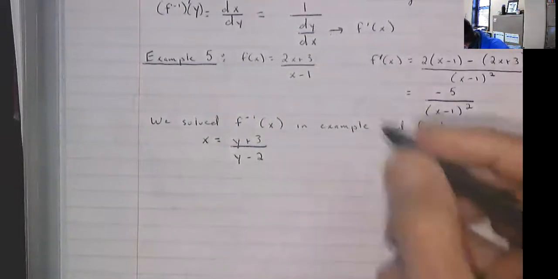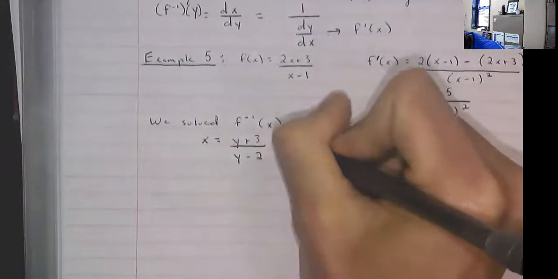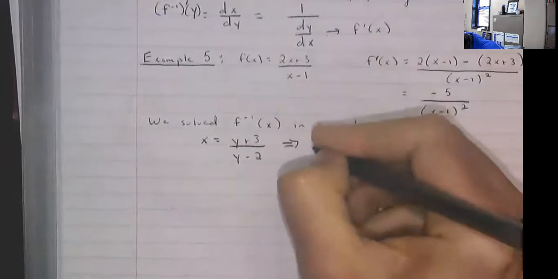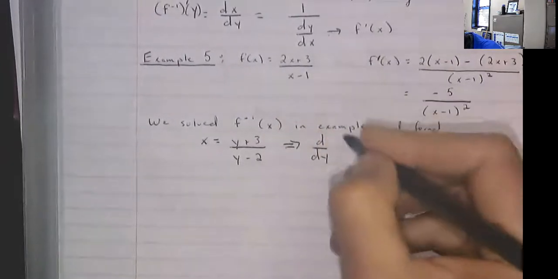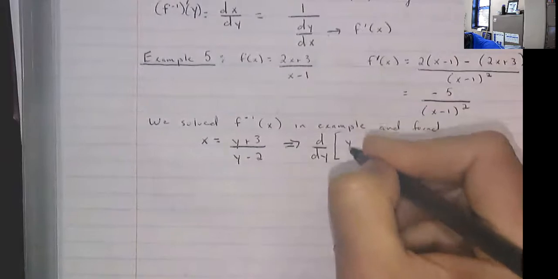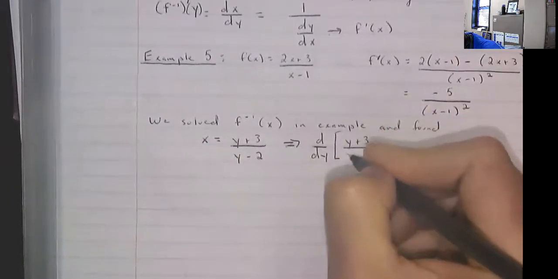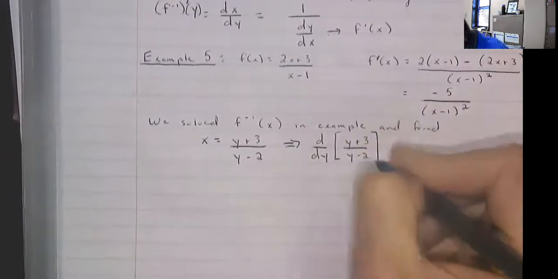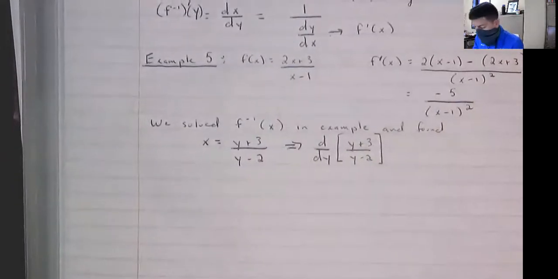Specifically, we want d/dy of y plus 3 over y minus 2, which again requires the quotient rule.